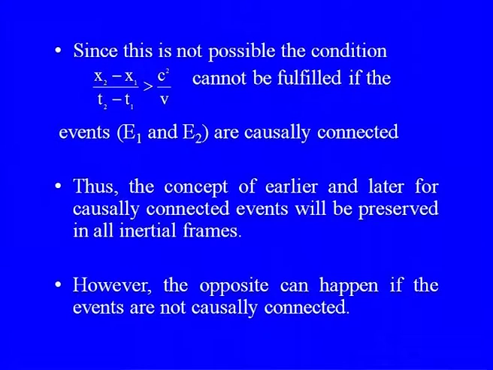If the events are causally connected, then it is going to be preserved, but if the events are not causally connected, so the second event, let us say, is happening independent of whether event 1 occurs or not, in that case, the opposite can be true. So, that is the case when they are not causally connected.